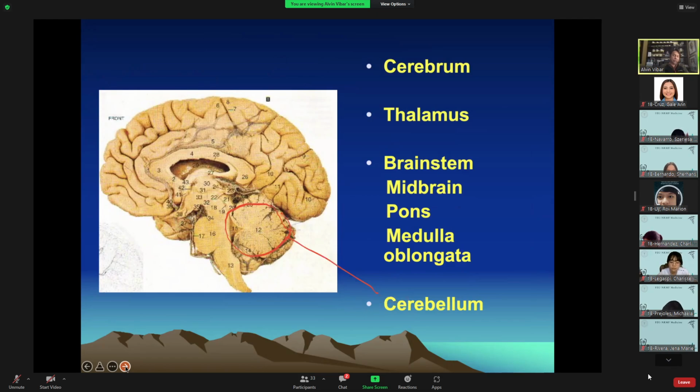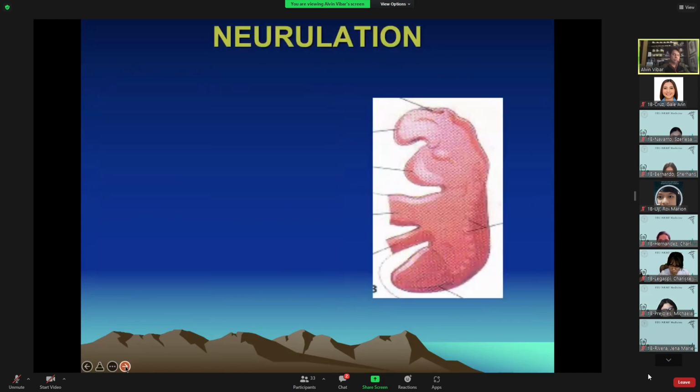Again, our main concern for this afternoon is for you to trace the embryonic origin of these parts of the brain. So at the end of your lecture, you must be able to trace the embryonic origin of the parts of the brain. Neurulation means the process of formation of parts of the nervous system.